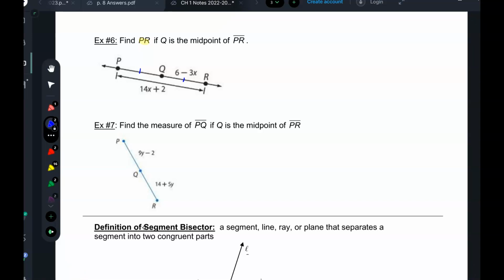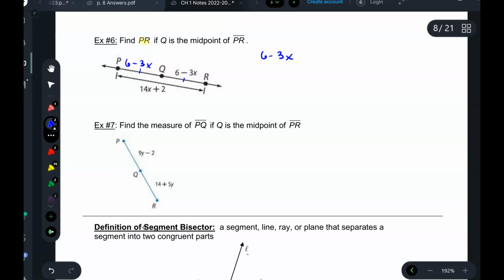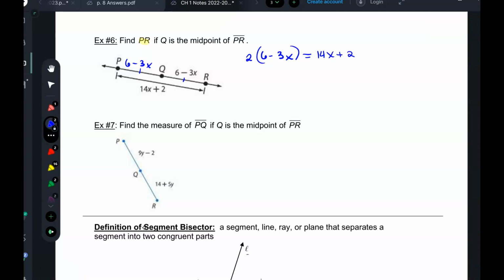Rosie? 6 minus 2x plus 6 minus 3x. Perfect. So 6 minus 3x plus 6 minus 3x, or could we do 2 times? We can double it, or we could just add it and solve.